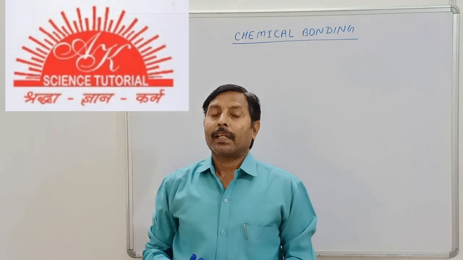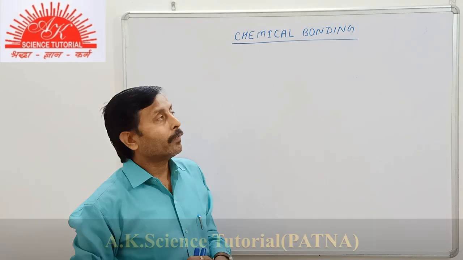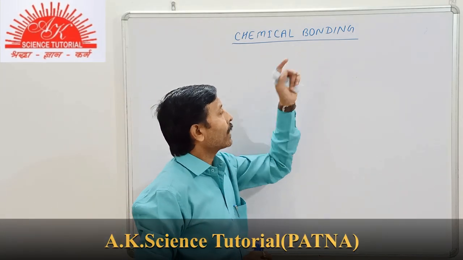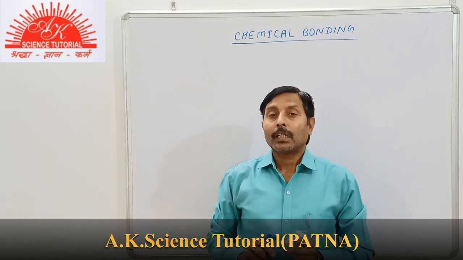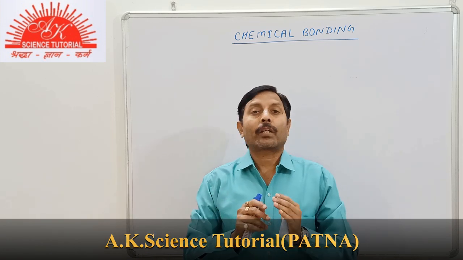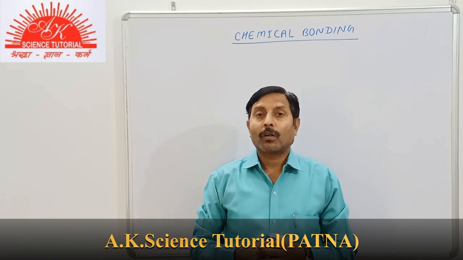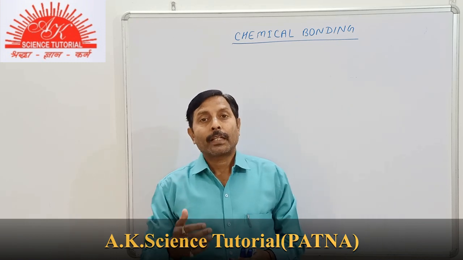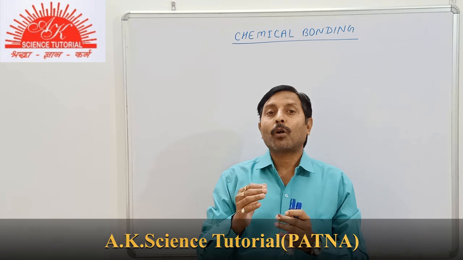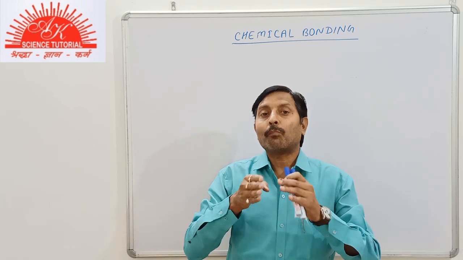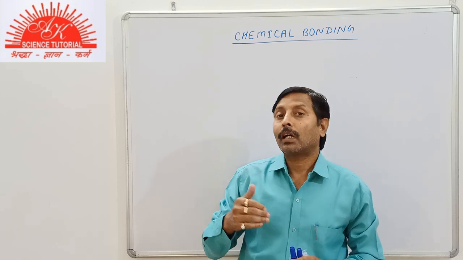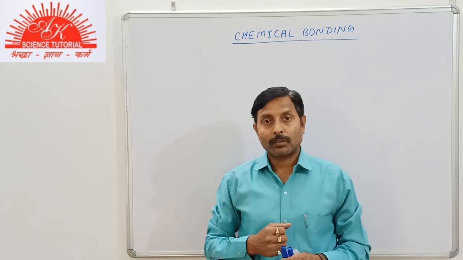Students, in today's class we will study the chapter called chemical bonding. This is one of the important chapters because it gives us the concept of formation of compounds. How do elements combine to form another compound or molecule?